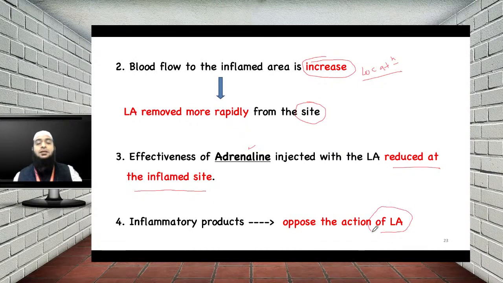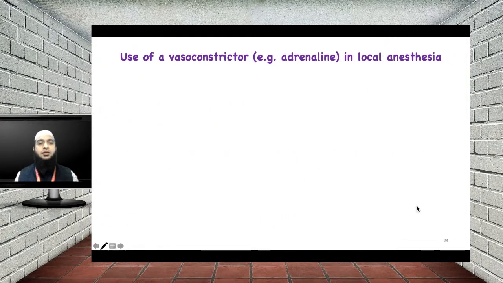So overall, we have seen the four reasons by which the action of local anesthetics is decreased in case of inflammation. Starting from the pH, increase in the blood supply, reduced action of the adrenaline, and fourth one, inflammatory mediators, which oppose the action of the local anesthetics. So this is about inflamed tissue.